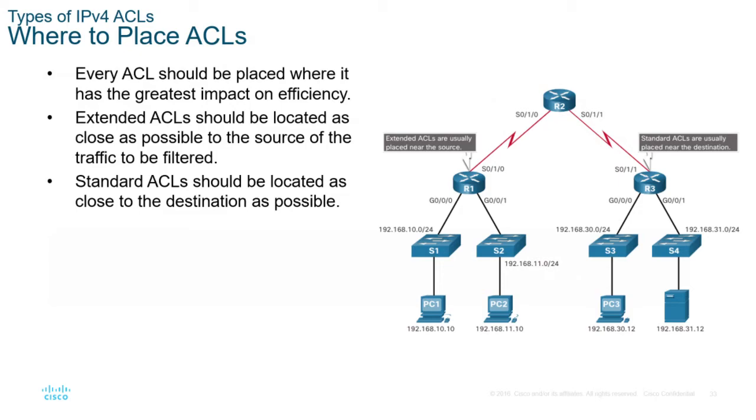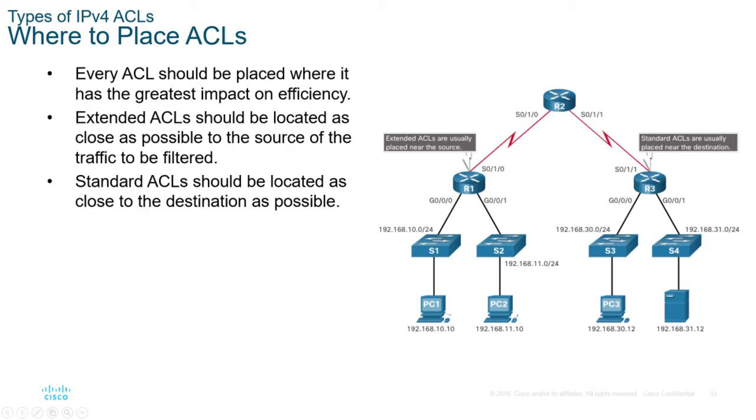So where do we place ACLs? Standard ACLs have to go closest to the destination. No ifs, ands, or buts. That's the only way this works. If I wrote an ACL rule that basically said PC1 192.168.10.10 was not allowed to communicate with this 30.12 PC, and I place the ACL on router 1 at the G0/0 interface, remember the only thing I can specify is permit or deny, and then the source IP address.